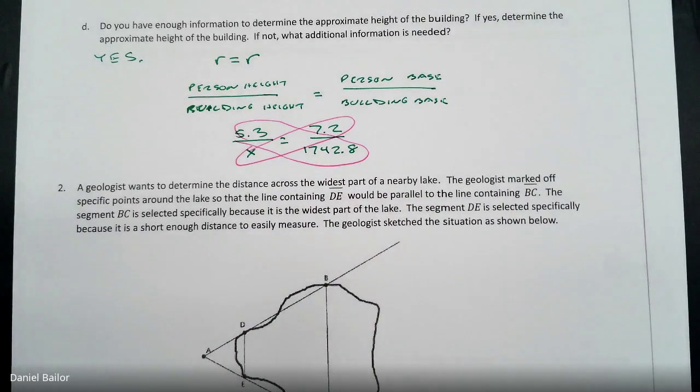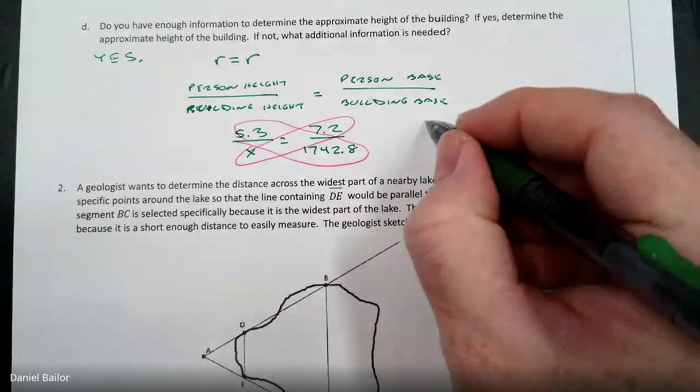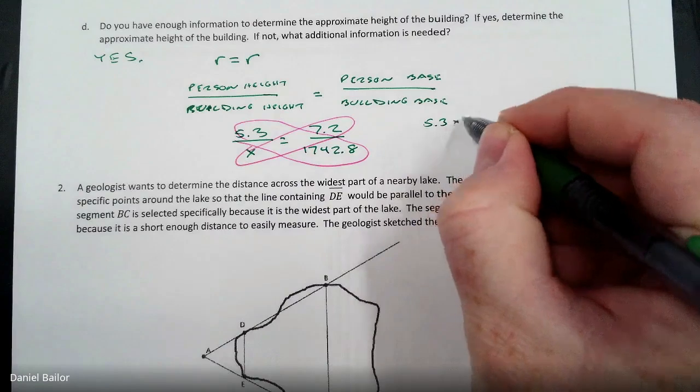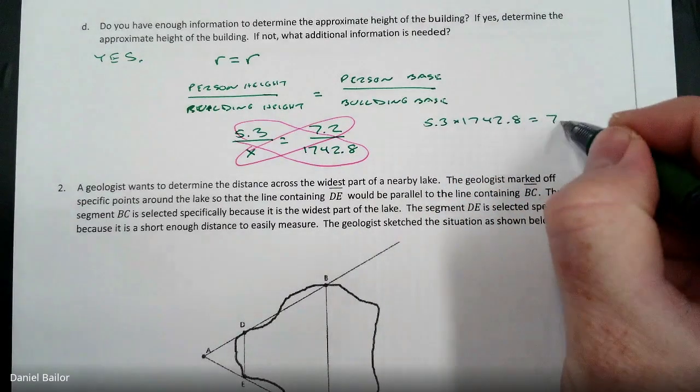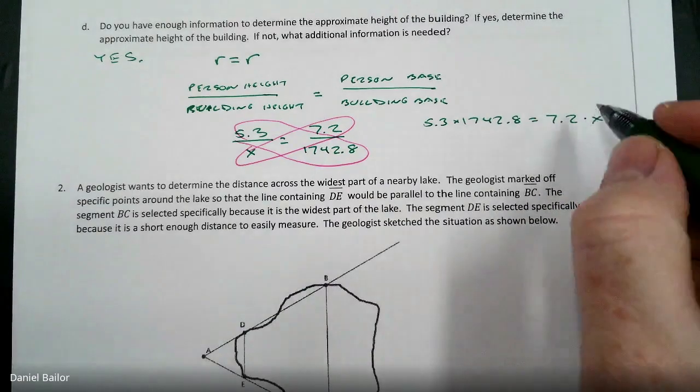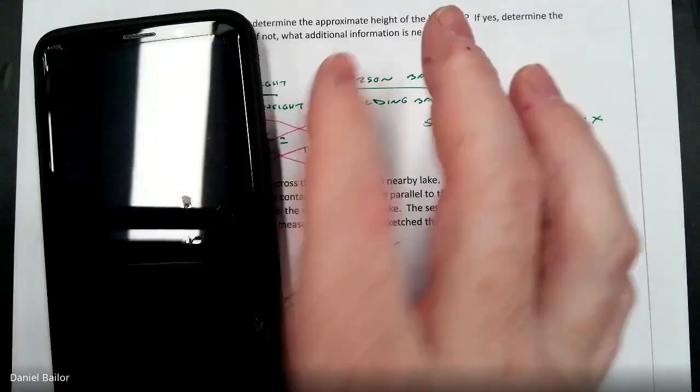So let's cross multiply. When we cross multiply, we get 5.3 times 1742.8, and that equals 7.2 times x. I'm going to use my calculator.